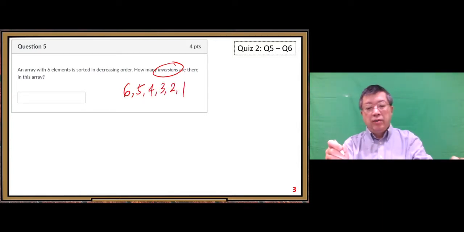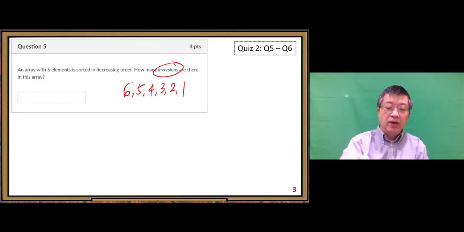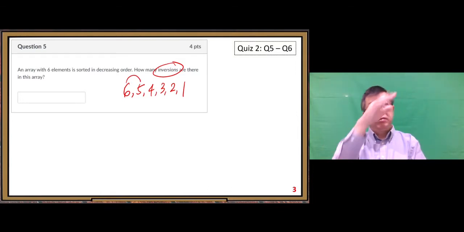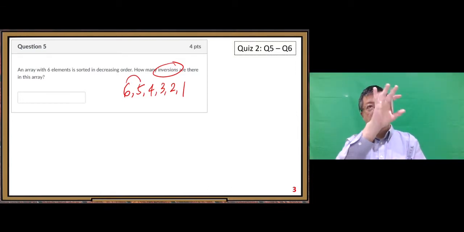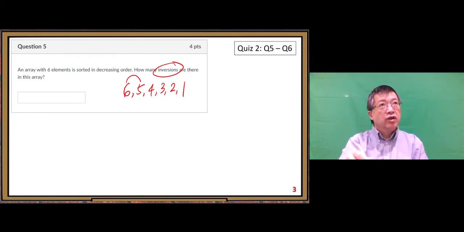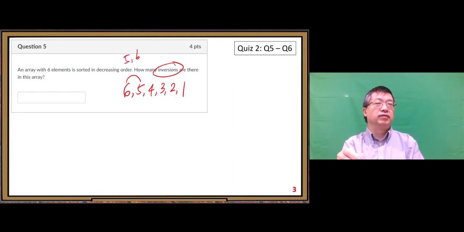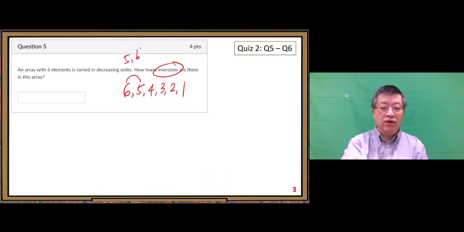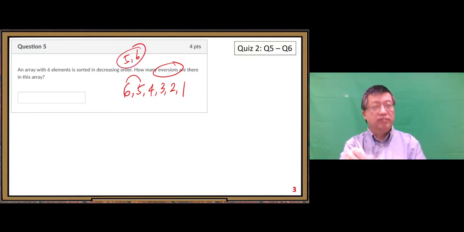You need to know the meaning of inversion. 6, 5 is 1 inversion, because the ordered way is 5, 6: 5 appears before 6. Now, not the ordered way, so we count it as an inversion.